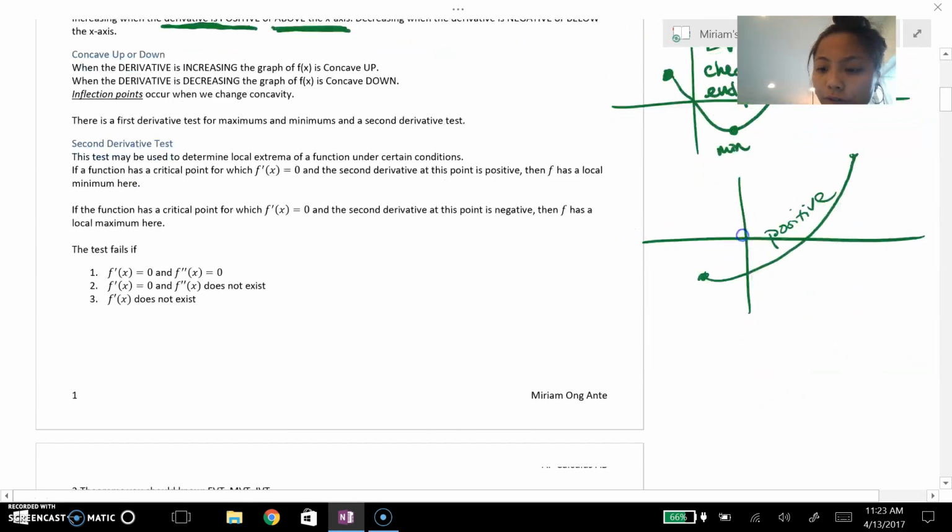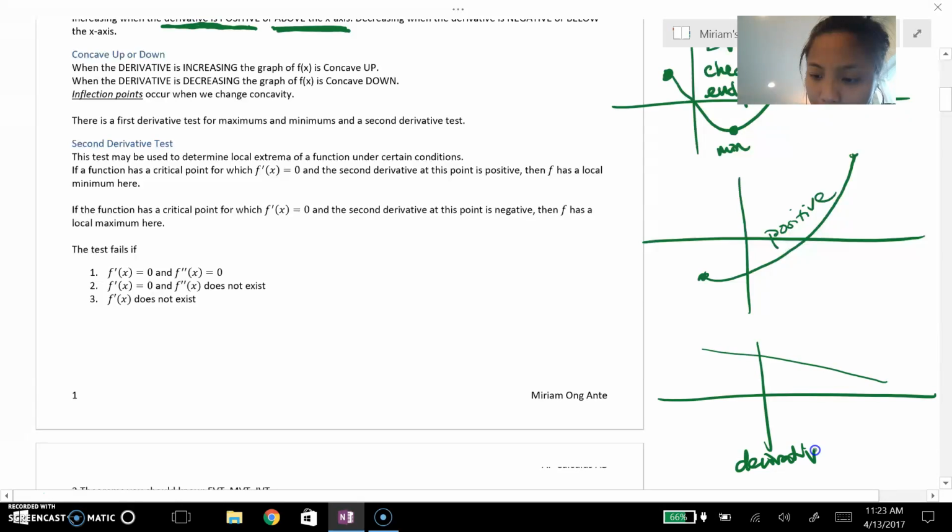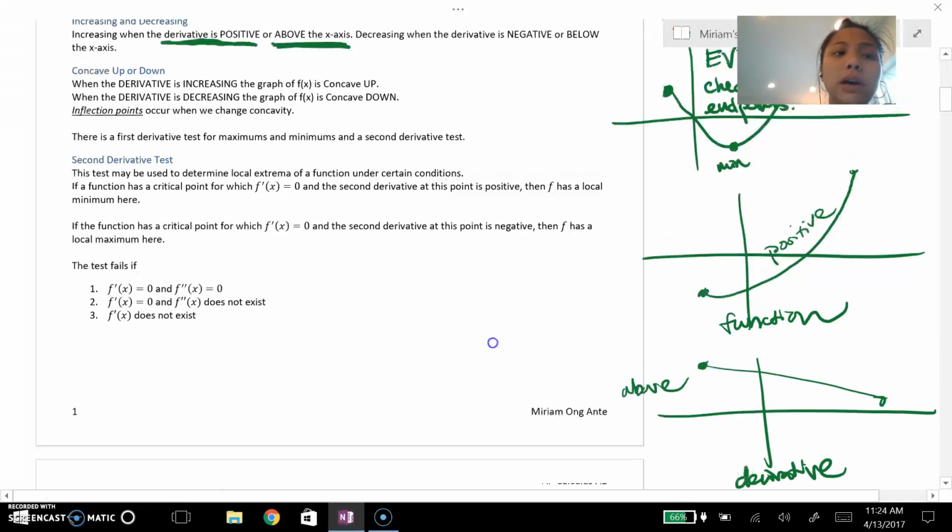Meaning if I drew the derivative of this graph, it has to be somewhere above the x-axis. So let's say this is the derivative and this is the function. The derivative of the function has to be above the x-axis, because I said positive.